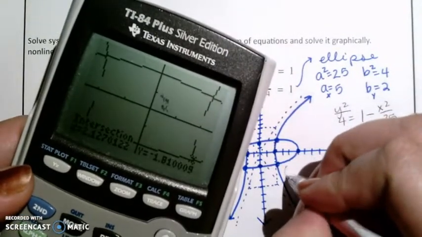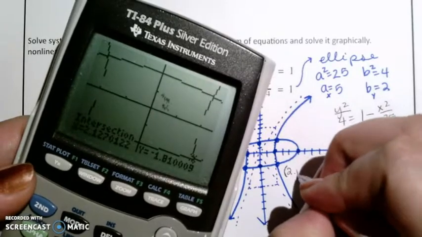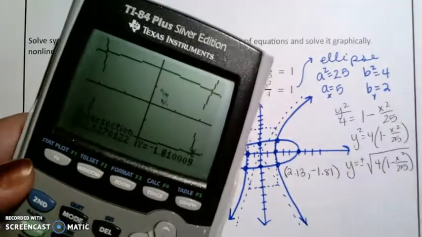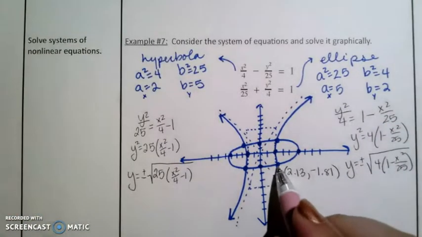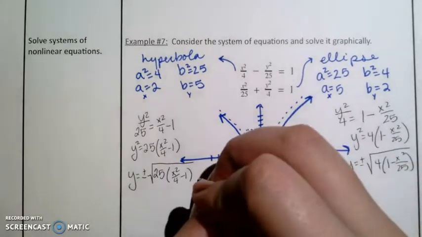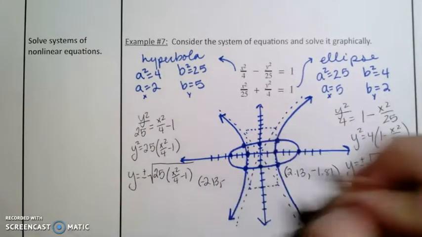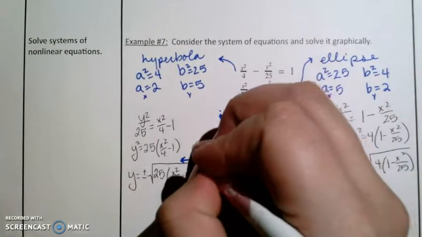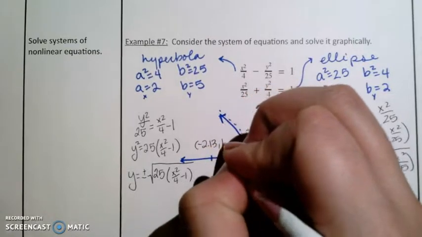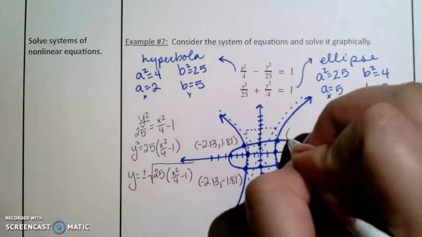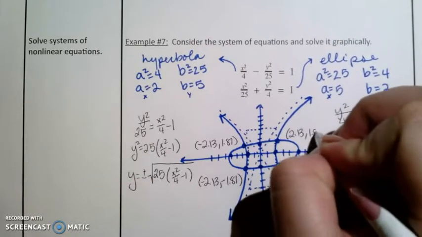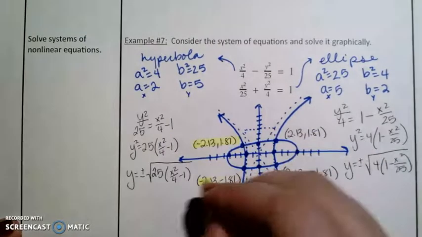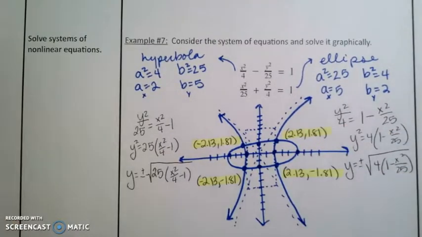So this point here has the coordinate 2.13, comma, negative 1.81. Now using symmetry, I know that this will then have the negative x value, so negative 2.13, comma, negative 1.81. Negative x and a positive y, so negative 2.13, comma, 1.81. And positive for both, 2.13, comma, 1.81. So those 4 points are the solution to the system of equations.